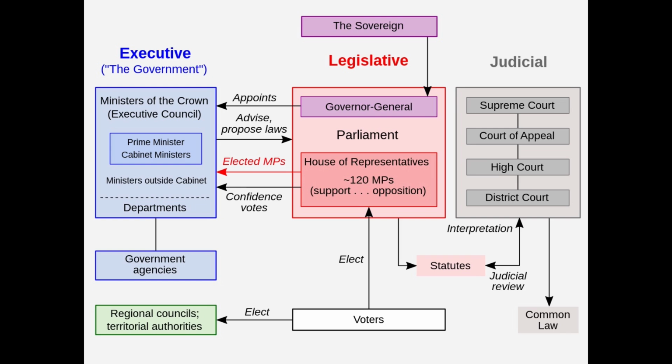The legislature is generally supposed to be the supreme branch, although the whole idea of separation of powers is that there is no supreme branch, but there sort of has to be a supreme branch to tie the government together. So the legislature is supposed to be supreme in the sense that it is responsible for actually making the laws, and especially for passing budgets and money legislation, because money is what allows the government to do things.